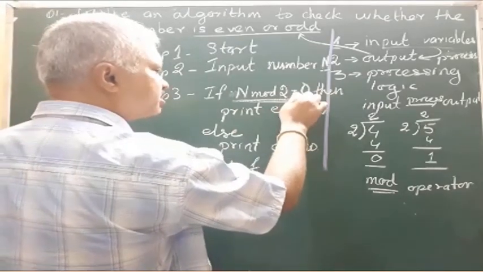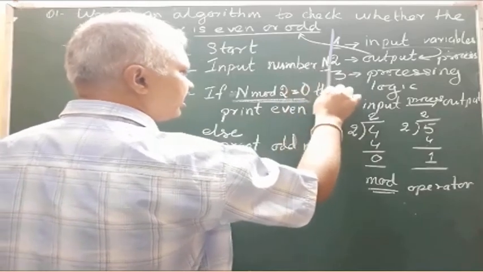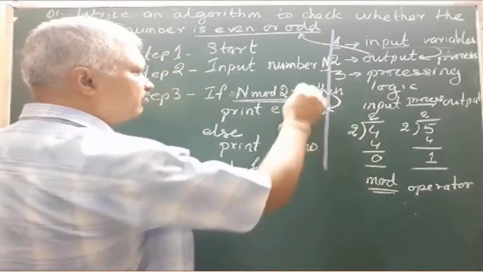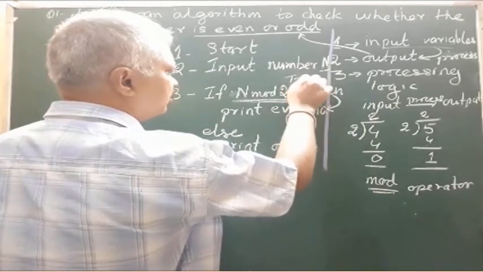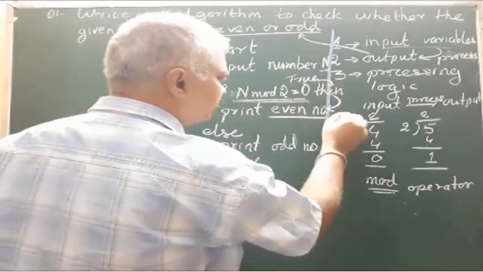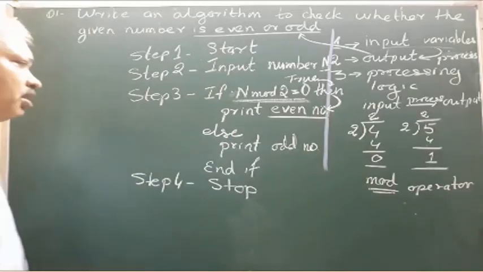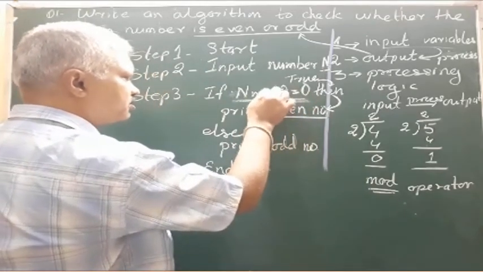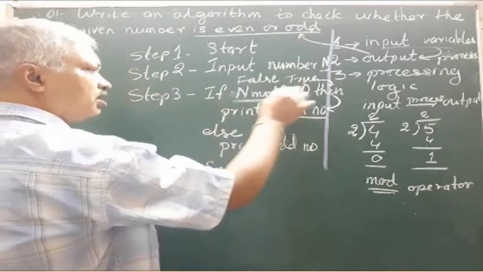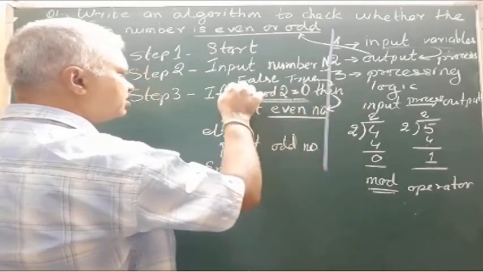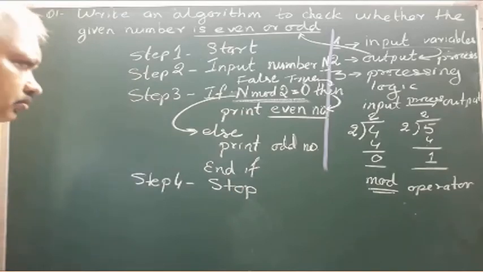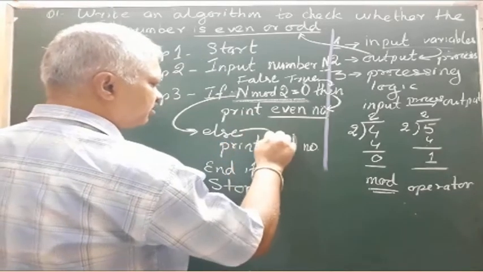If this condition is true, then only this will be executed. If this is true, then the then part will be executed and the even number will be printed. If this is false, then it will not go to then, it will jump from here to else, and then this will be printed.